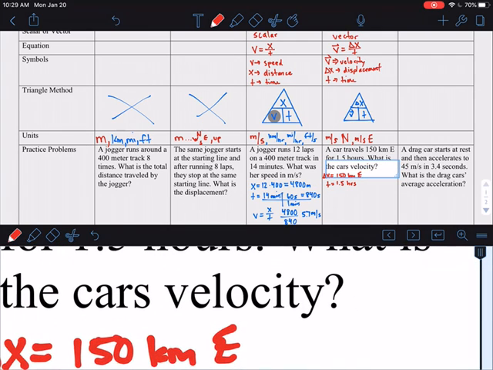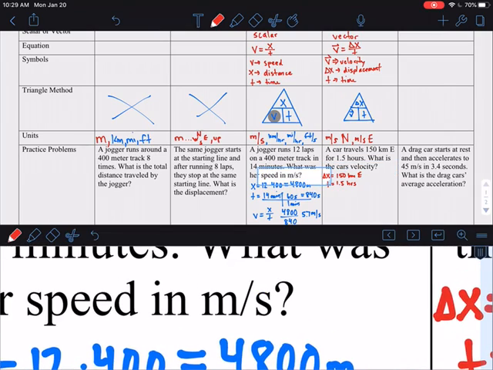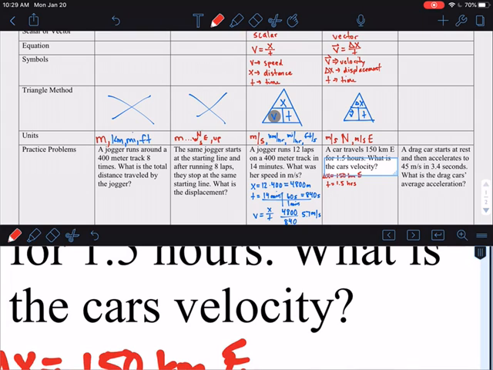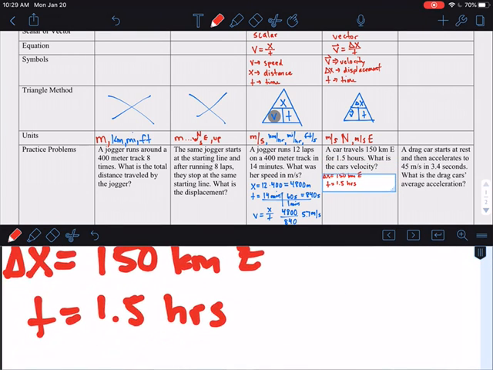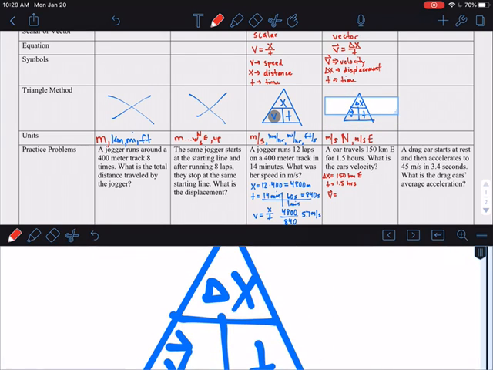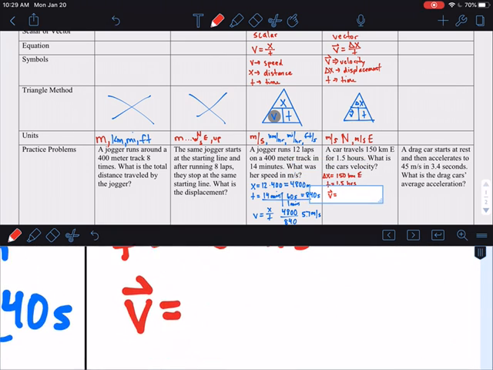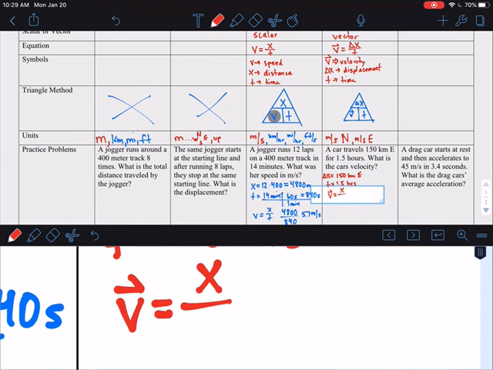The problem doesn't ask for meters per second. The previous problem asked for meters per second, but this one doesn't, so we do not need to convert. Using the triangle method, we don't know v, so we divide x by t, or displacement, change in x.